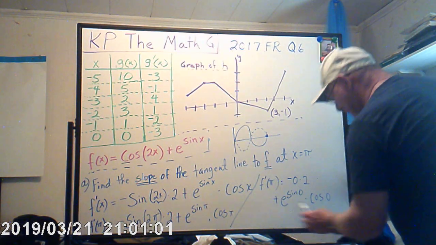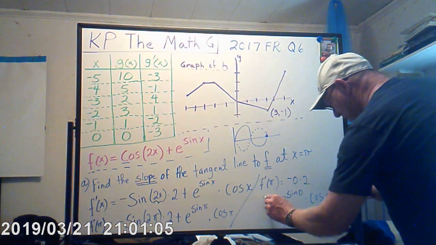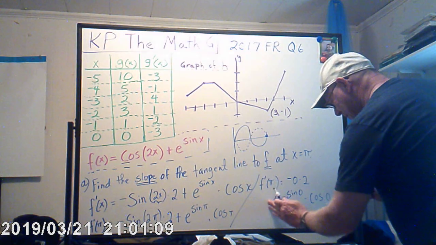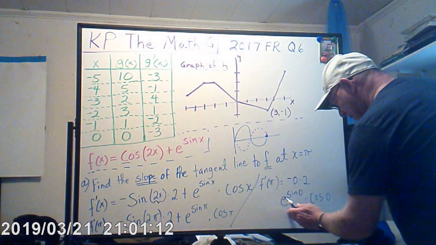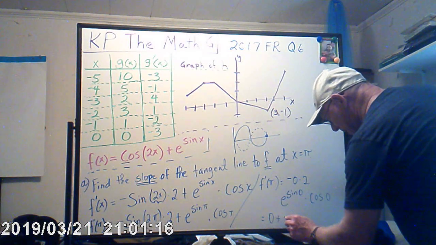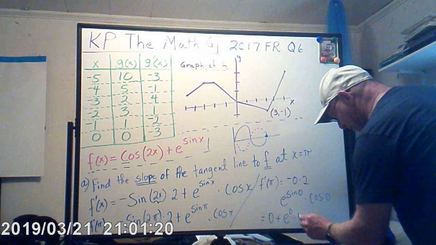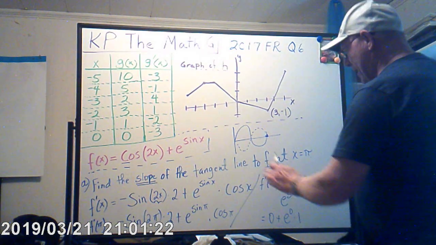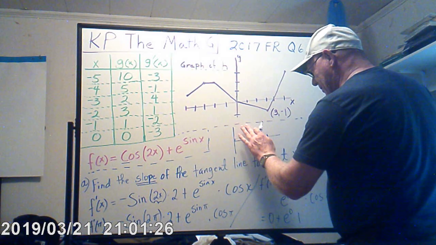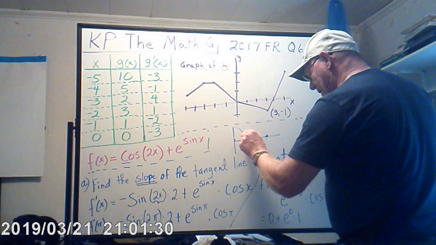So this is actually 0. Okay, well, let's just leave that off there. This part right here is equal to 0 plus e to the 0. Cosine of 0 is 1. Alright, I'll just do that real quickly. Cosine of 0, cosine does this right here.